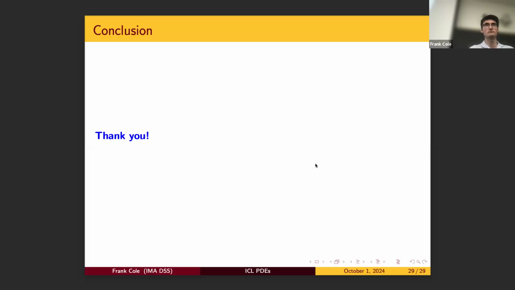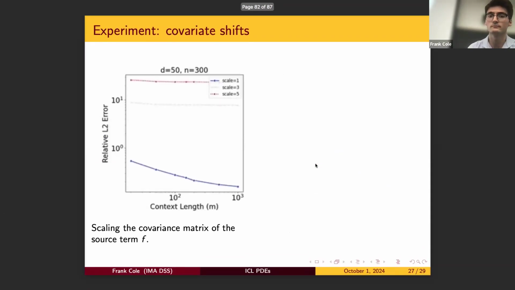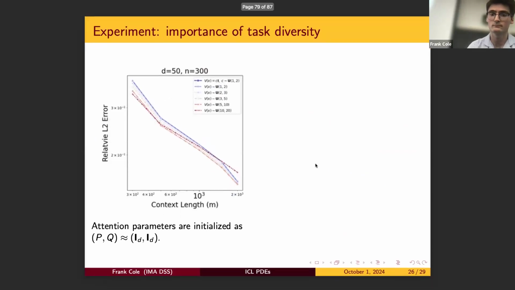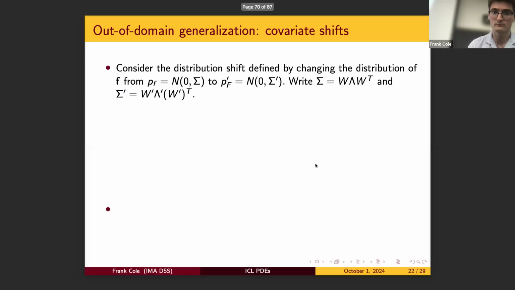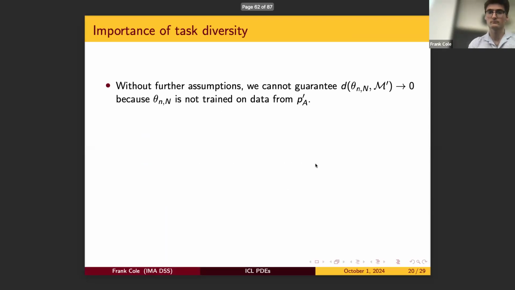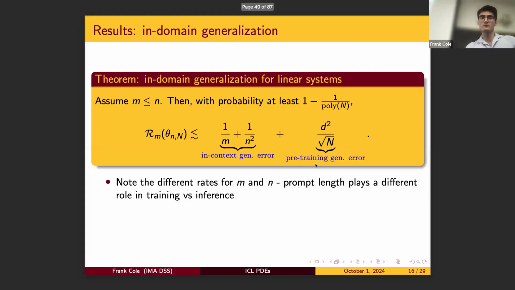Time for questions. So back to the generalization error. Can you comment on what's the difference compared to other models, like maybe neural networks or maybe like the open source reflection? Is there any gain? That's a good question. Fundamentally we're considering different problems than supervised learning.